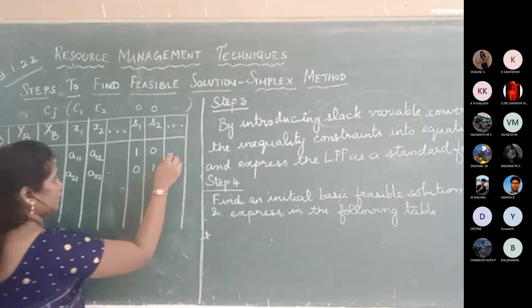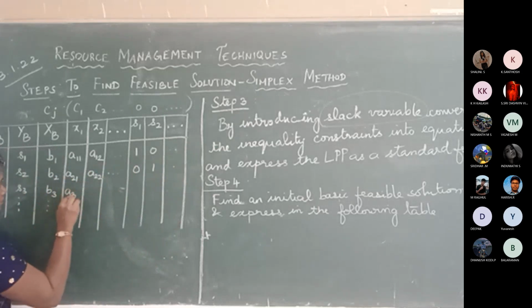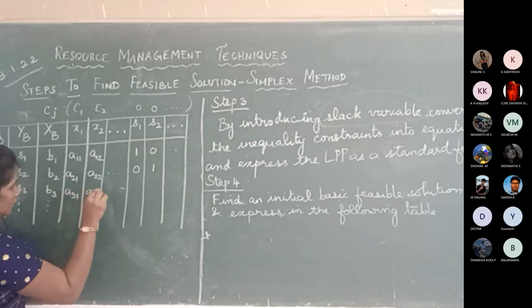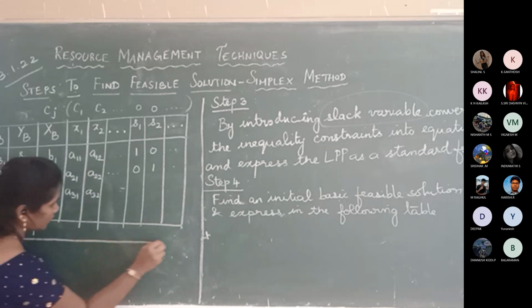When you do the problems, you'll understand. This will be the same. And here it will be A31, A32, and so on. And your last term, you have to find out your Zj minus Cj. You have to find out Zj.